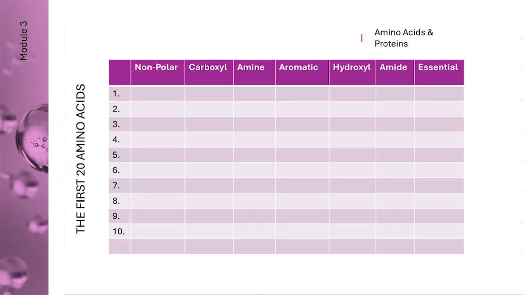So we can do this as a small exercise. The non-polar, you remember. What you should do is first write the first letter, then the 3-letter, and then name the amino acid. So we can just quickly do this.